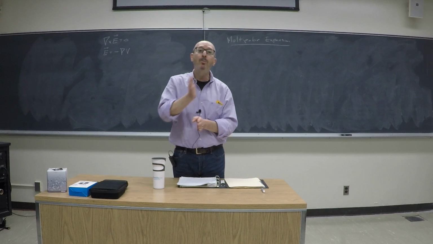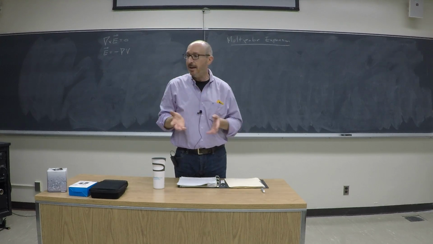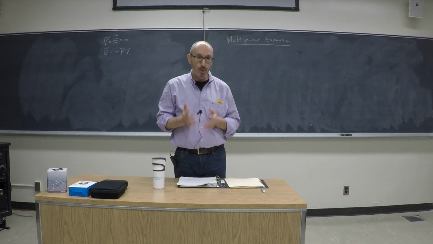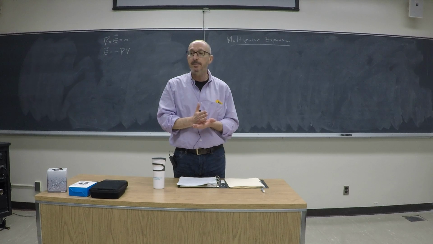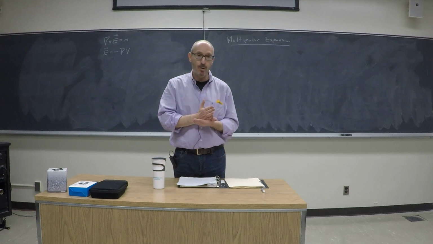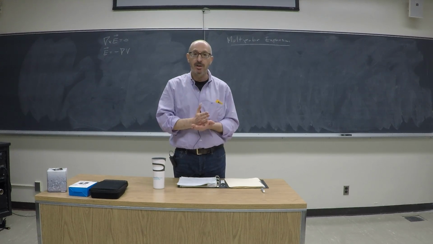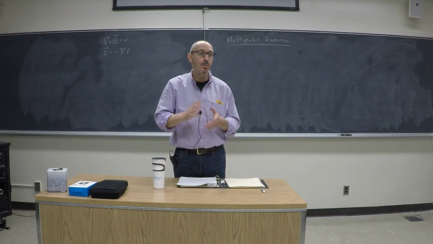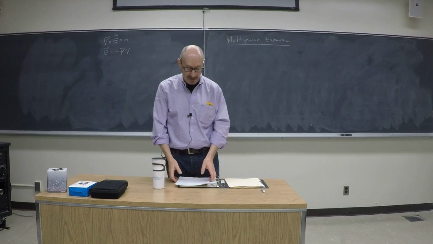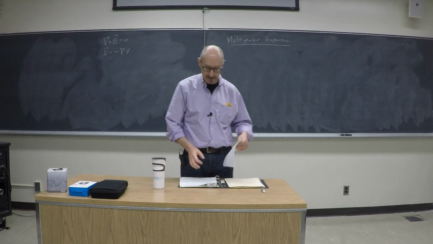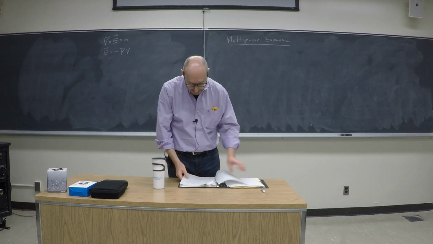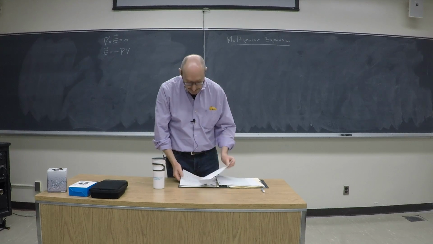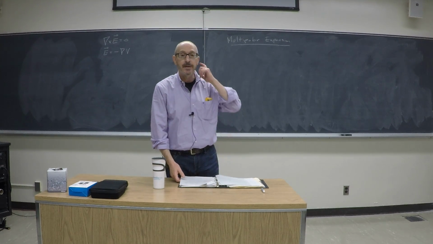Once we do that, we will move on to the very general charge configuration and prove that no matter how arbitrary the charge configuration is, the two dominant terms are going to be the monopole, which is the Coulomb term, and the dipole term. Then there are going to be other terms. What does all this mean? It will be clear as soon as I show you the details. So let's do the electric dipole first.